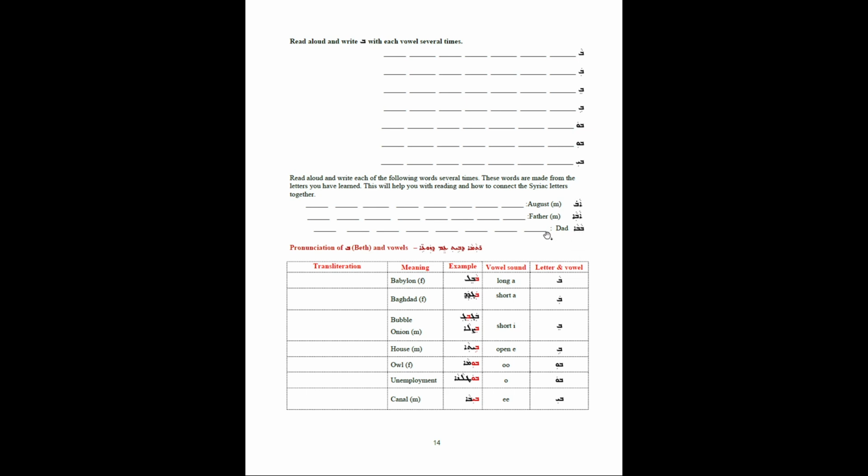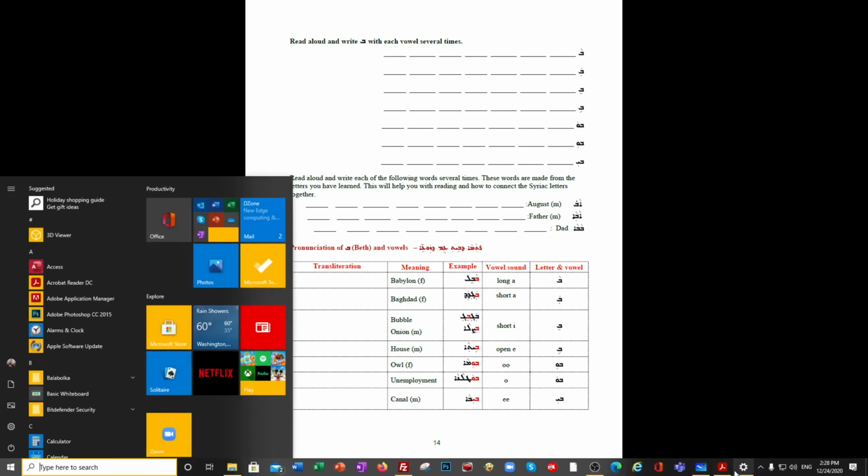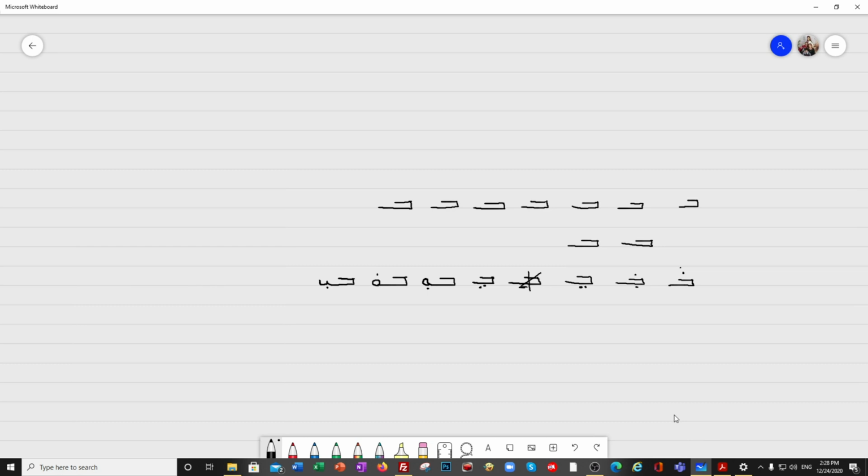So let's switch to digital form here, so I can show you how we write. For example, Ab, again Alap does not join from the left. Ab.